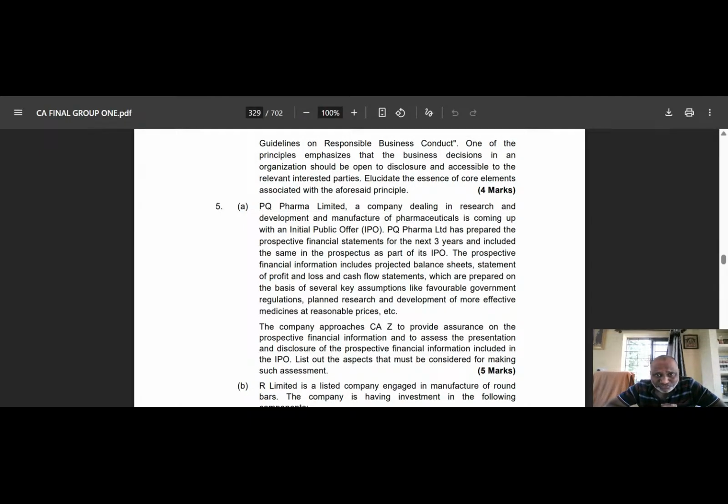The essence of the core elements associated with the first principle are: the entity's governing structure should develop policies, procedures, and practices for their offices, factories, and work areas, ensuring that ethics is not compromised.